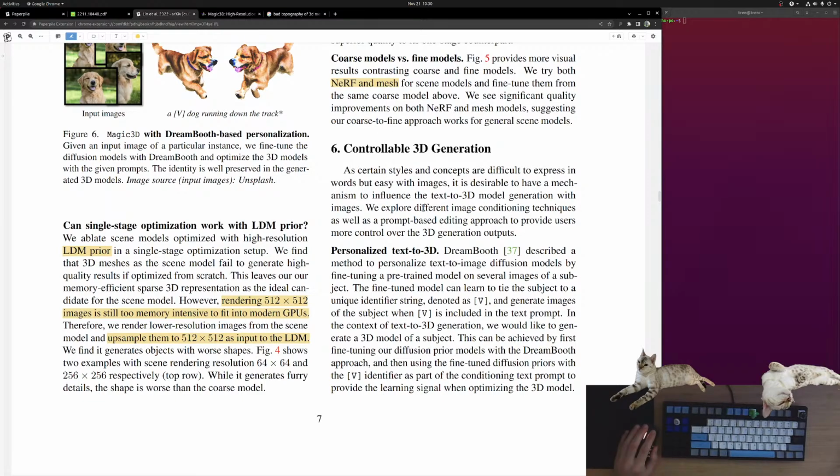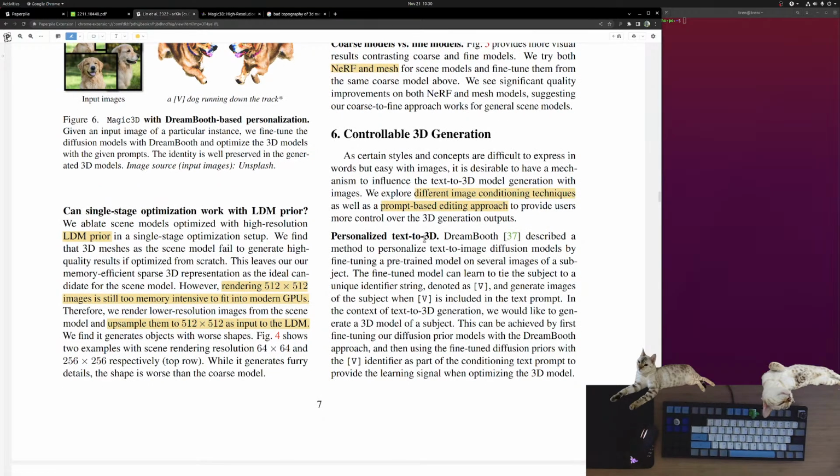Okay, controllable different image conditioning techniques, as well as a prompt-based editing approach to provide users more control over the 3D generation output. Prompt-based editing is the future of humanity. I think David Friedberg from the All In podcast, which is a great podcast if you haven't listened to it, described it best, where the future is going to look like humans talking to the computer about what they want, right?